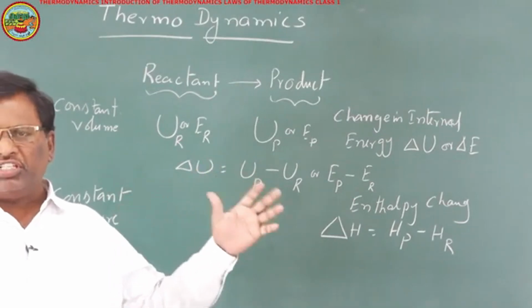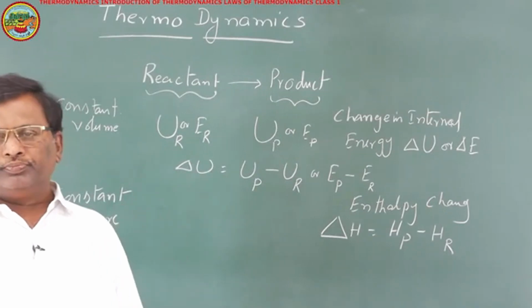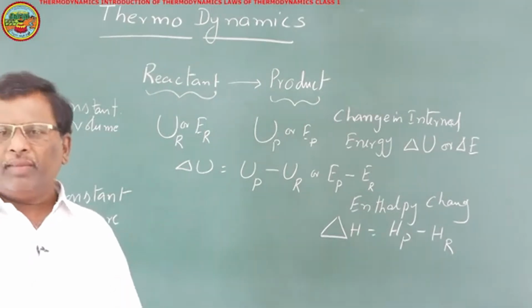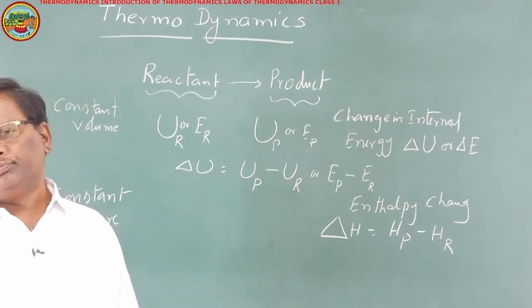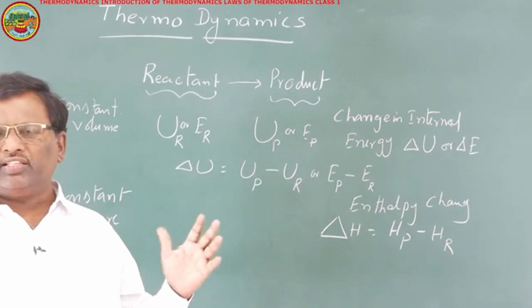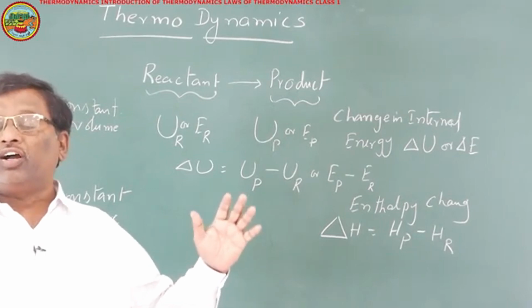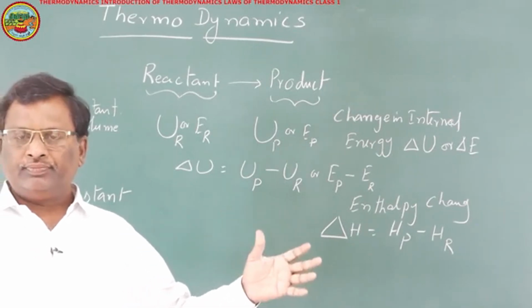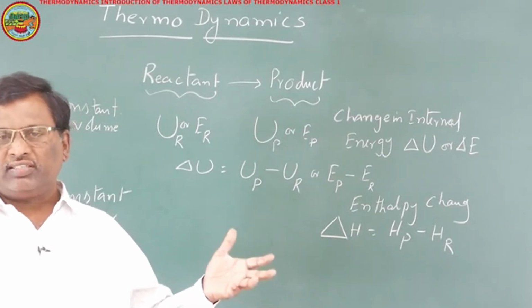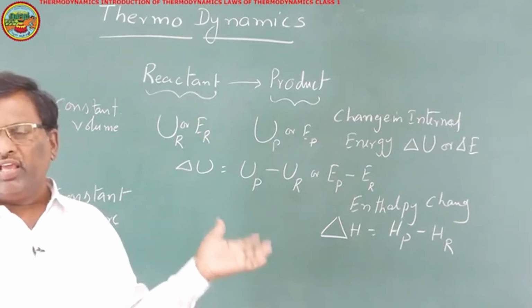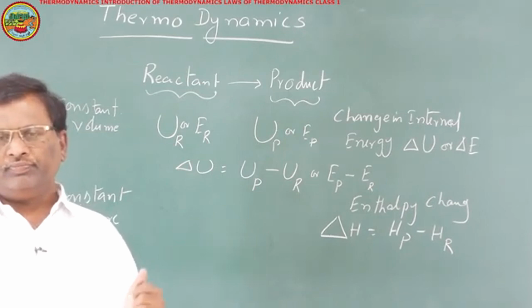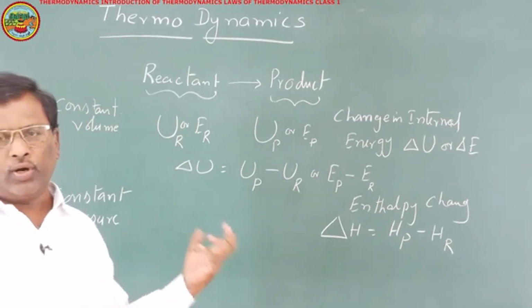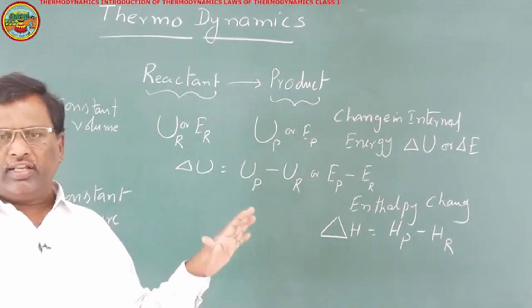If we measure the energy changes at constant volume, it is called internal energy change, and it may be denoted with delta U or delta E. If we observe the energy changes when the reaction is carried out at constant pressure, meaning the reaction is carried out in open containers where the pressure is constant, the energy change is called enthalpy change and it is denoted with delta H. So enthalpy change delta H is equal to Hp minus Hr, the enthalpy of products minus the enthalpy of the reactants. That only we can measure.